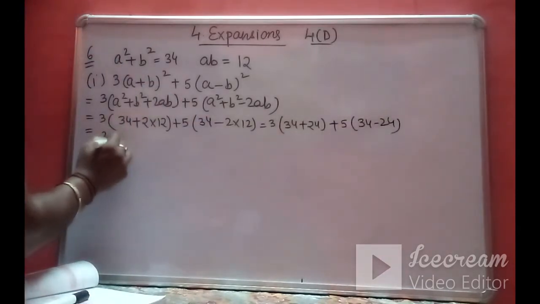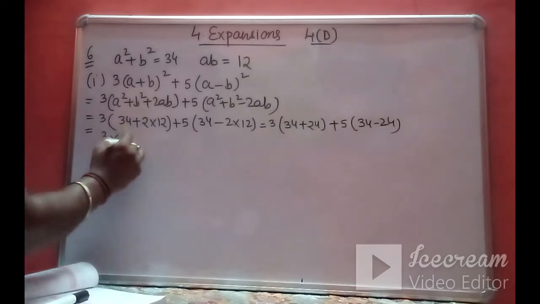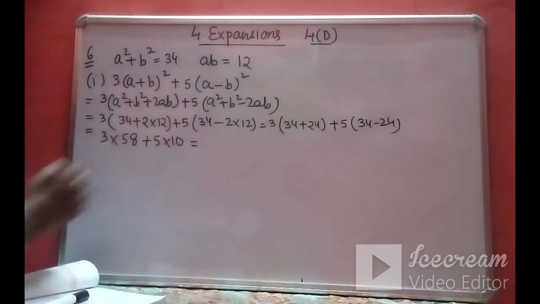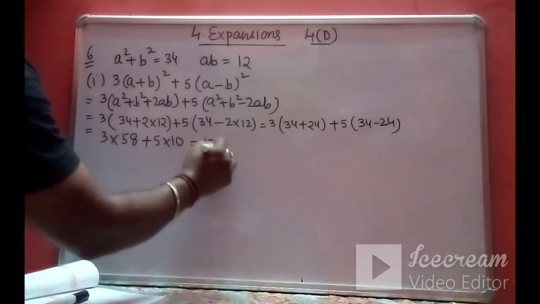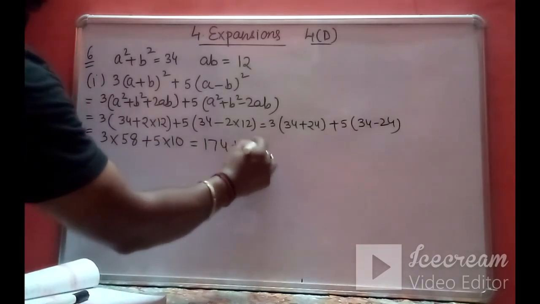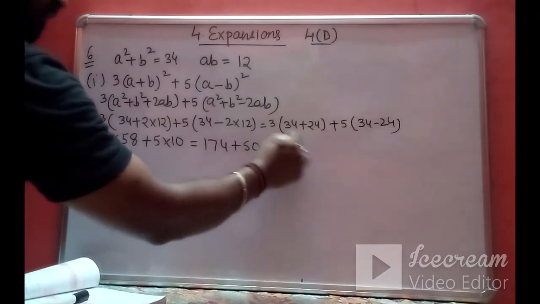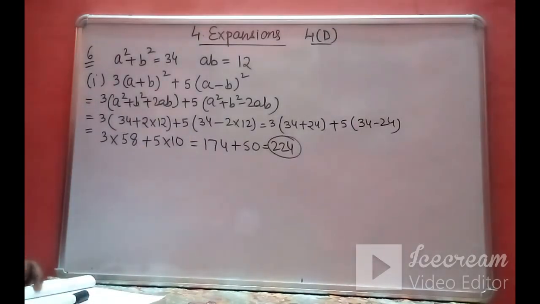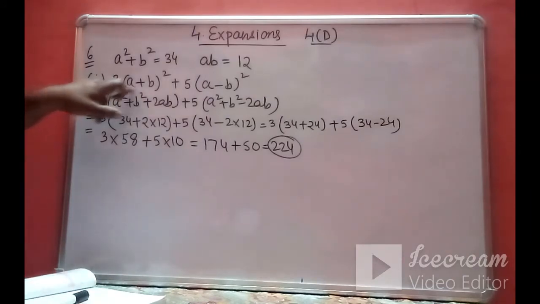So it is 3 into 58 plus 5 into 10. So it becomes 174 plus 50, that is 224. Okay. So no special things is required in this. Just simply expand it and put the given values.